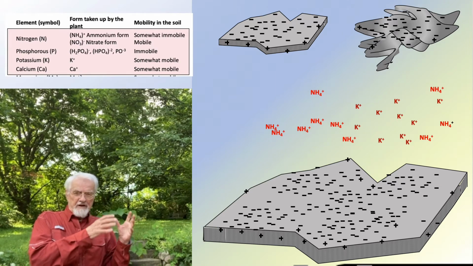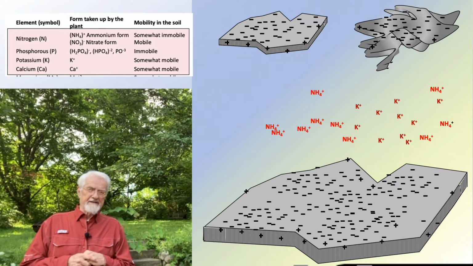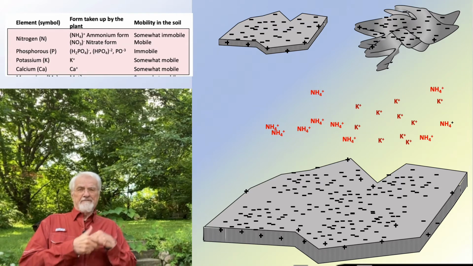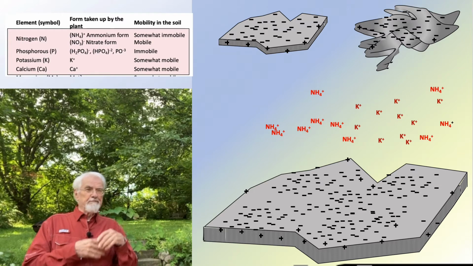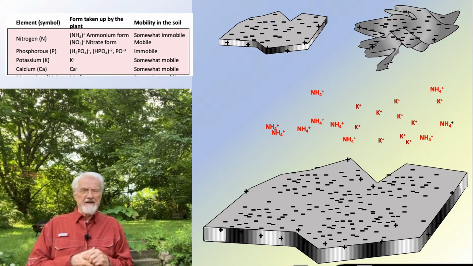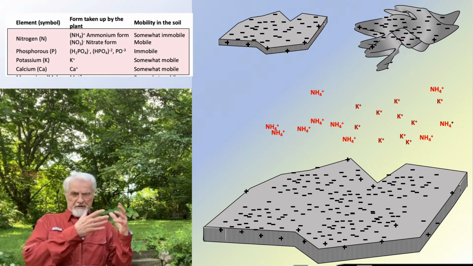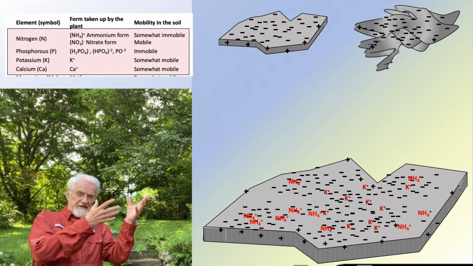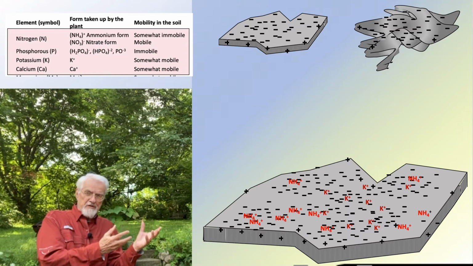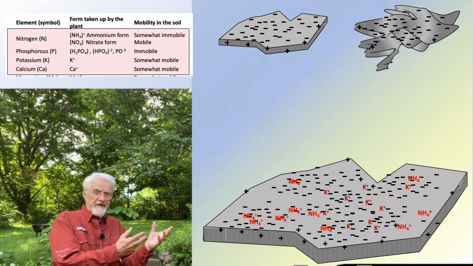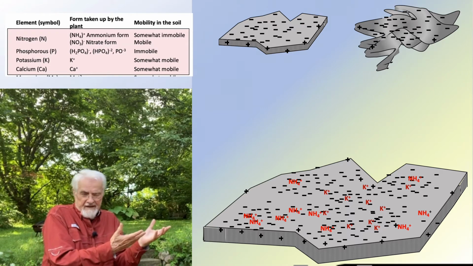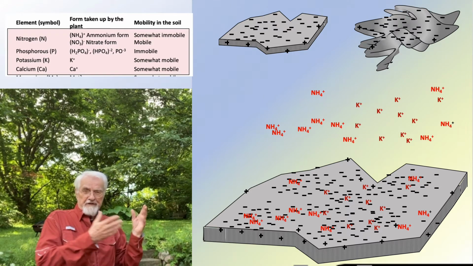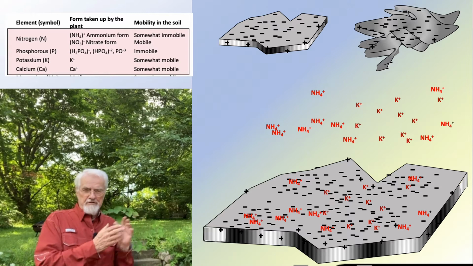In the soil solution above that colloidal particle, you have these ions floating around, and this is what you see: the ammonium attracted to the negative charges and the potassium attracted to the negative charges. Yes, they come out of the soil solution and get adsorbed on the surface of the colloidal particle, but of course their place is taken by other ions which diffuse in from the rest of the soil solution.